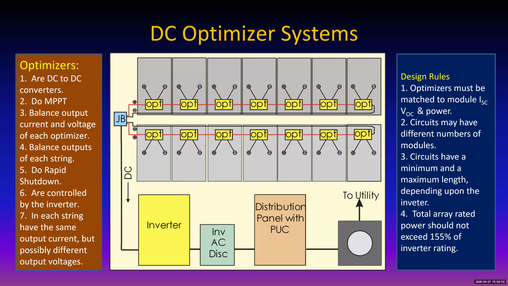So as long as your array rated power is not more than 155% of the rating of the inverter, you're okay. And once again, because normally total output of the array is not going to exceed the capability of the inverter to invert it.